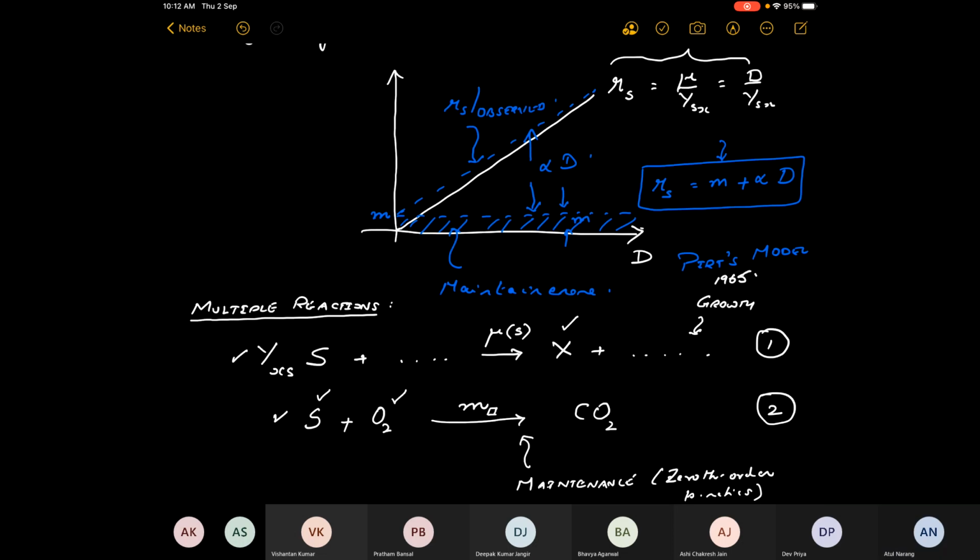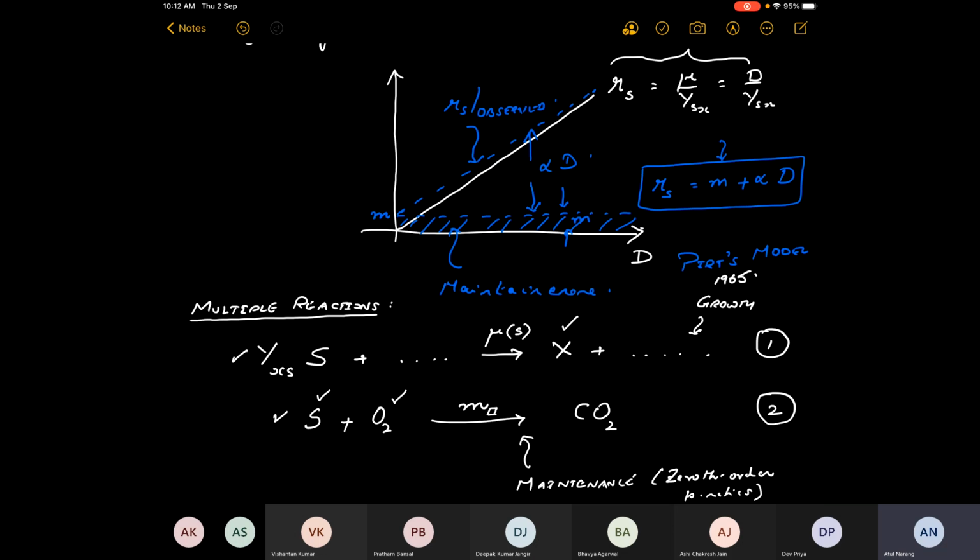As the value of d becomes smaller and smaller, the first reaction, which is responsible for producing biomass, also becomes smaller and smaller. And when it becomes sufficiently small, then basically reaction 2 dominates, and reaction 2 does not produce any biomass at all.